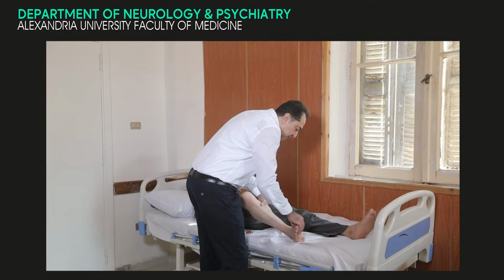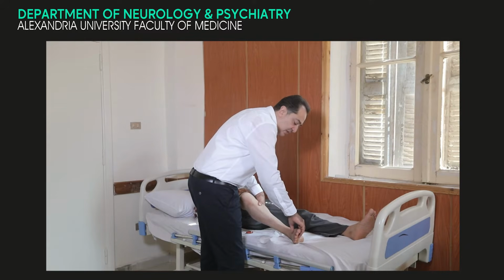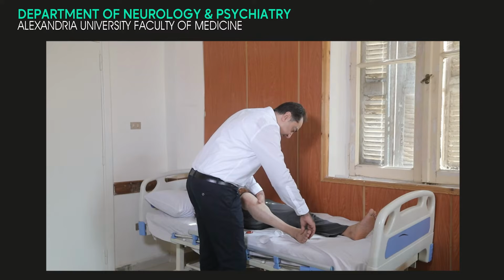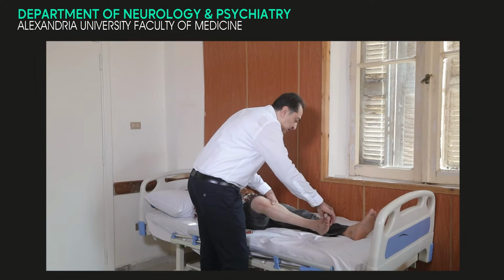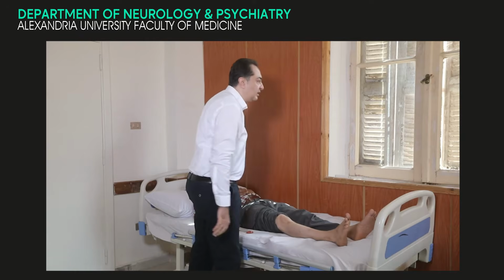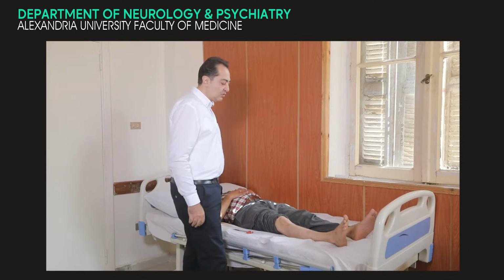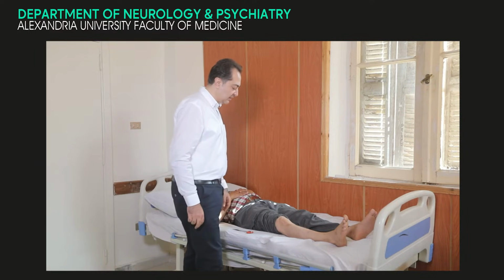And we see if the patient has some movements like that, it's called clonus. So ask the patient to relax, and we do sudden sustained dorsiflexion of the foot like that. And if we see clonic movements like that, repetitive movements, it's called positive clonus, and it is grade 4 reflex.